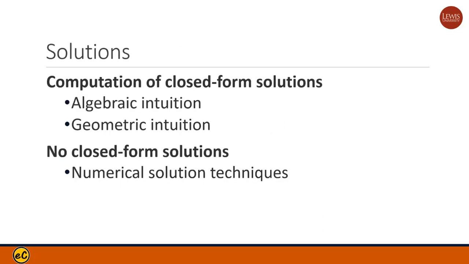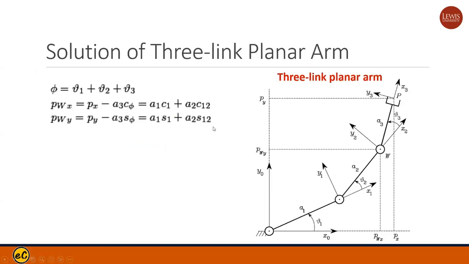Okay. So to solve the problem, you can use an algebraic intuition or geometry intuition way to solve the problem. Usually closed form is harder to do. But if you need to solve the problem, usually we want you to just go the algebraic way or geometrical analysis way to solve it, okay?